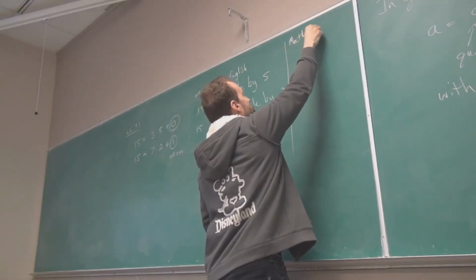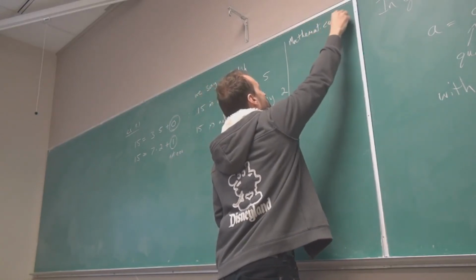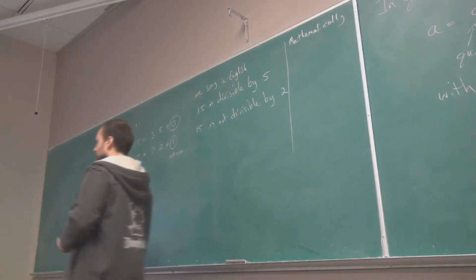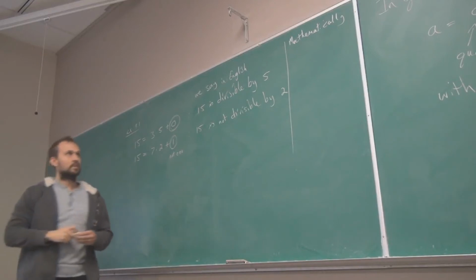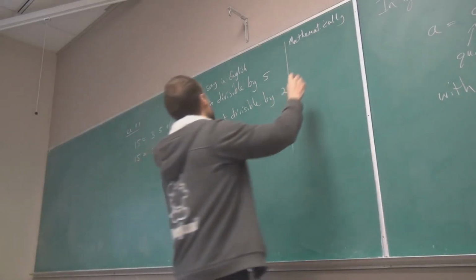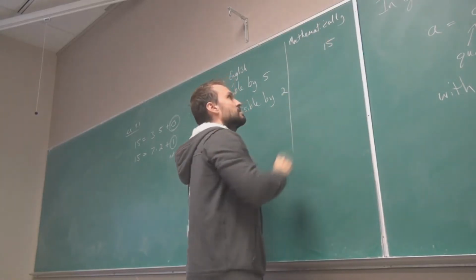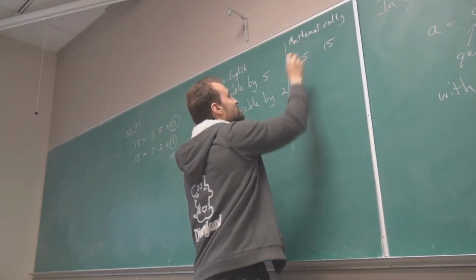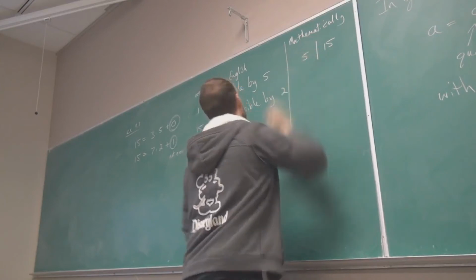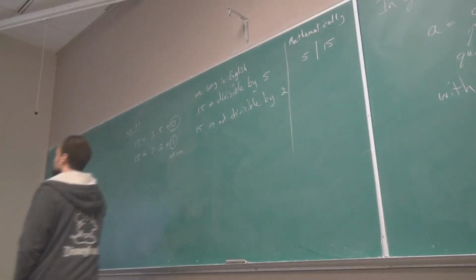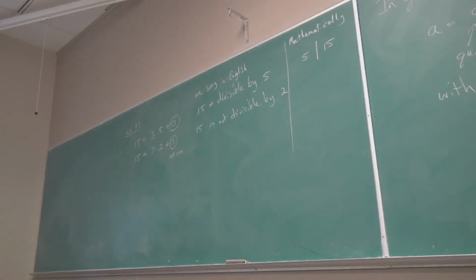How do we say it in the mathematical language? We have the big number on the right, the divisor on the left, and then a line. That's not the same length, not the same height, the longer line between them.